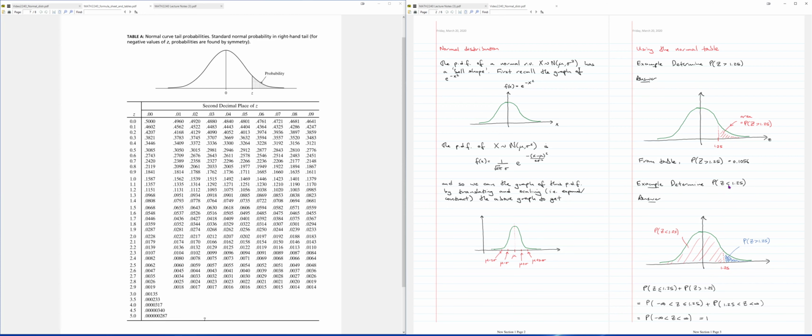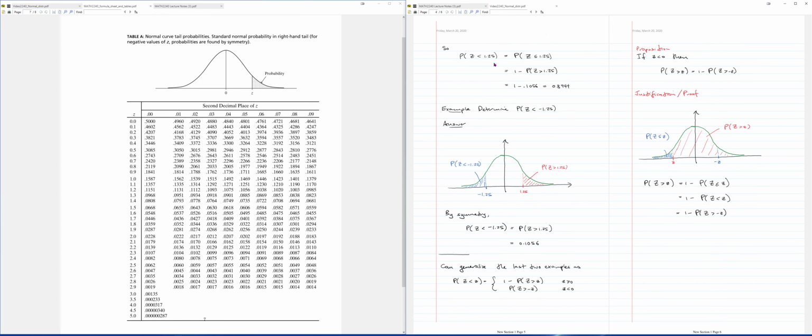This one over here is not going to come from the table, but when you draw a diagram like this, you realize the probability Z less than 1.25 is 1 minus this over here. So the red is 1 minus the blue.